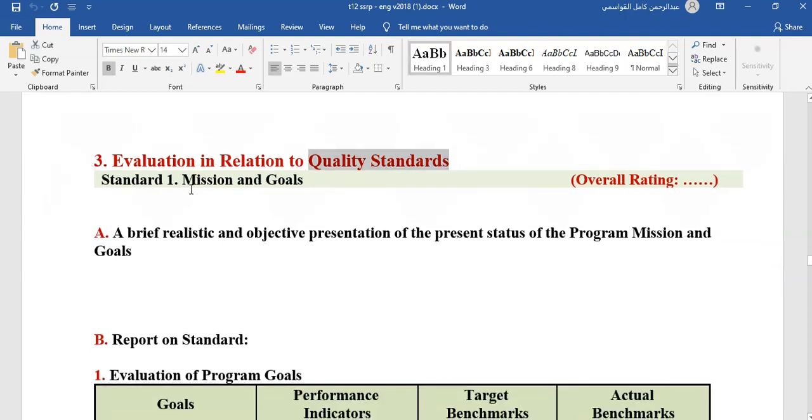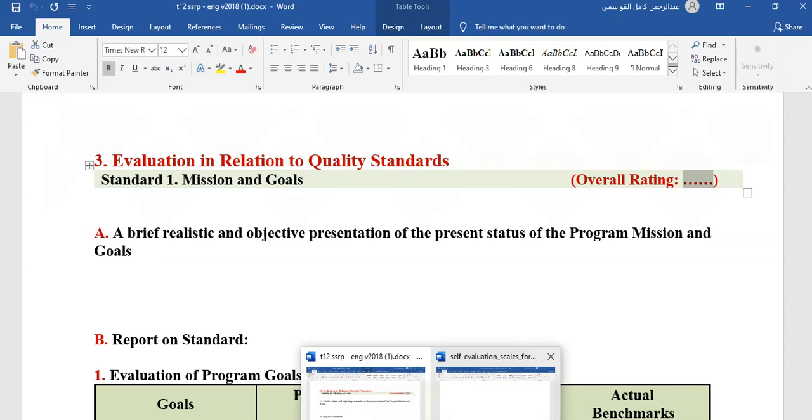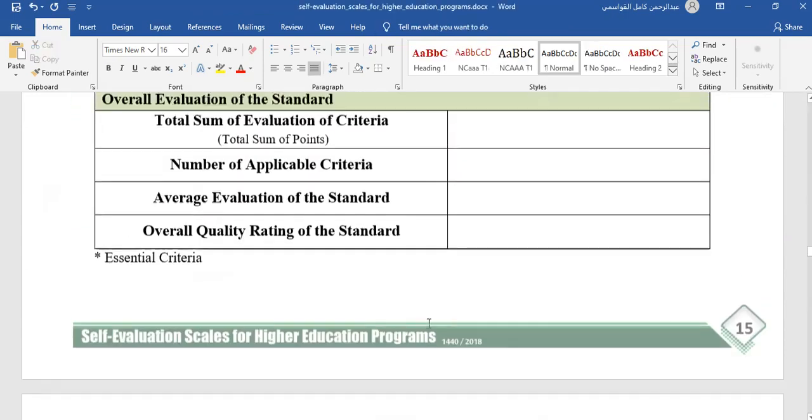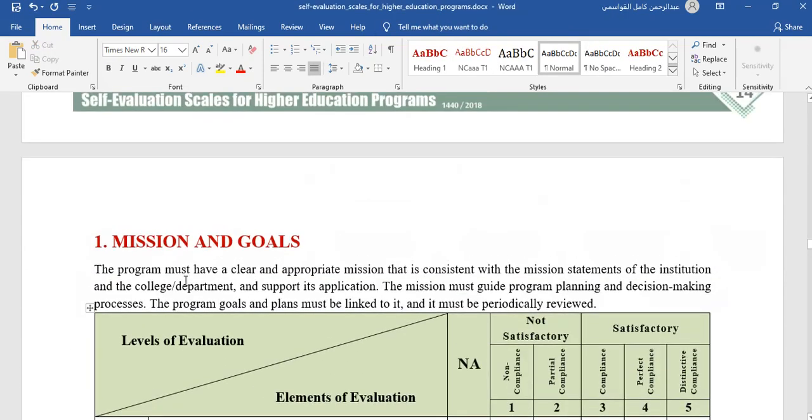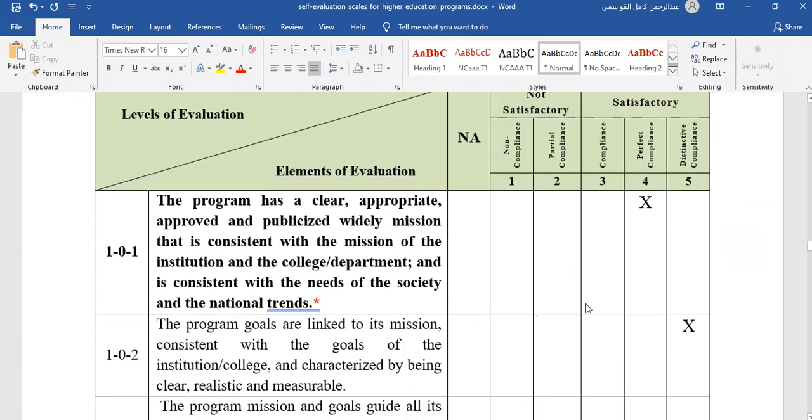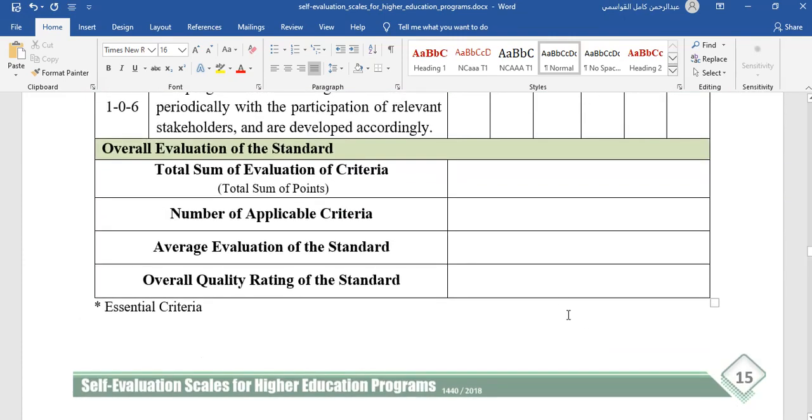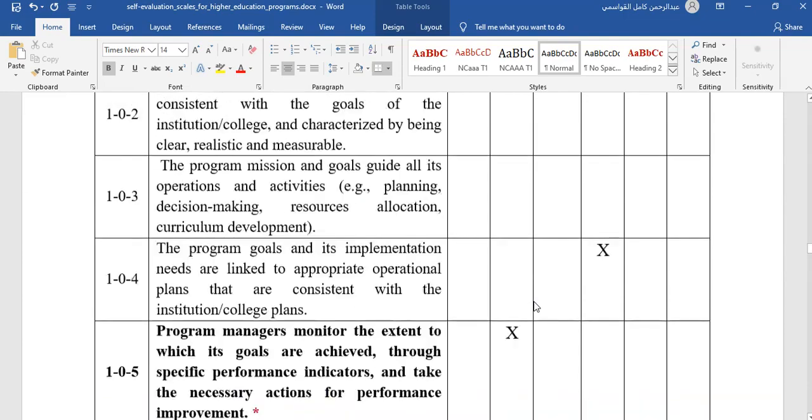As you see, standard: mission and goals. You have to take the overall rating from the self-evaluation scale. For example, we talked about mission. This is the self-evaluation scale for mission and goals. You filled everything here and calculated the result. It was, for example, 3.6, which equals 4 stars.